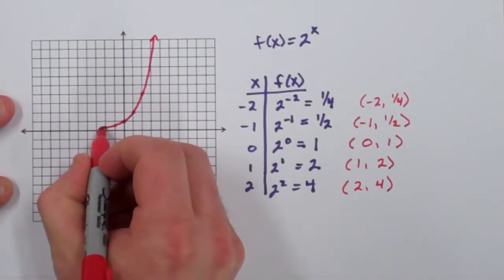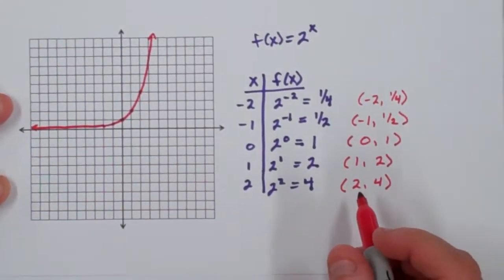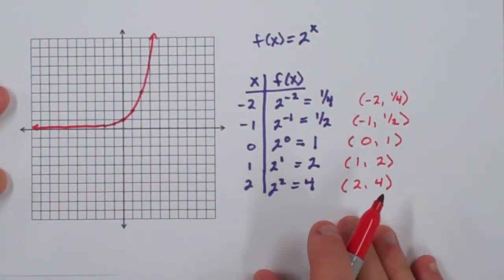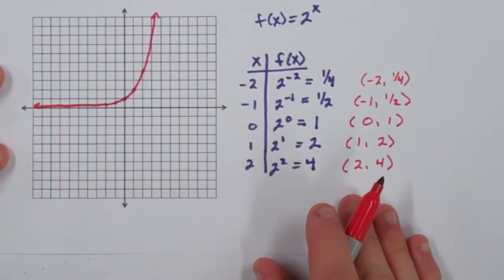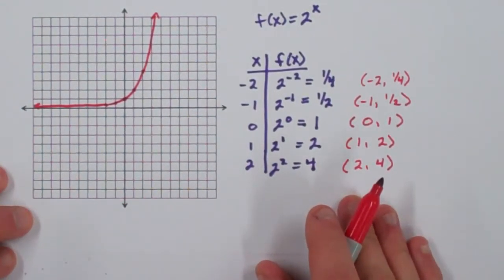It's going to get really close to the x-axis in this case, but it's not going to touch it. One thing we need to do with this graph is talk about some things with respect to the domain, the range, and then any asymptotes that this graph has.